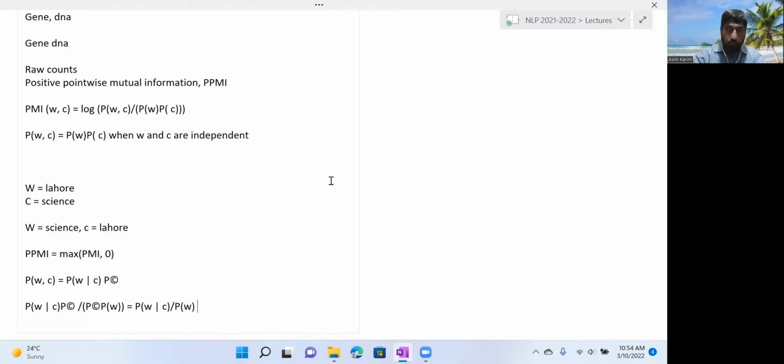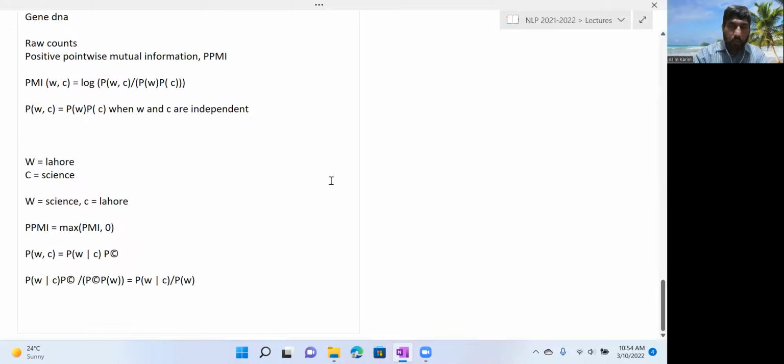Okay? And of course, from language modeling, probability of W given context, if you use MLE to estimate it, what is this? The count of W and C divided by the count of C. And similarly, you can estimate probability of W. So probability of W would be the count of W divided by the total number of words in the corpus.